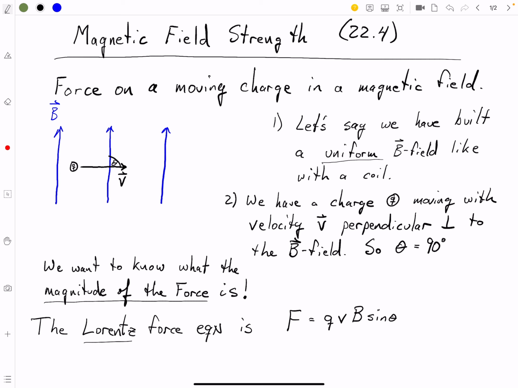We're going to get a force, so the units on this whole thing is going to be newtons in the end. We get a force equals the actual charge times the velocity times the magnitude of the B field, times the sine of the angle between the velocity and the B field.